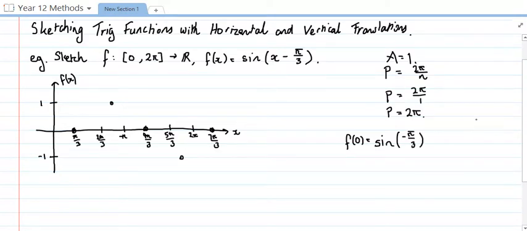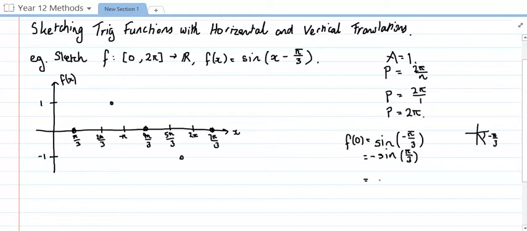Now negative pi on 3 puts it back in the 4th quadrant. From the symmetry of this, we should be able to see that the y value is being made negative, so that is the equivalent of negative sine of the basic angle of pi on 3.